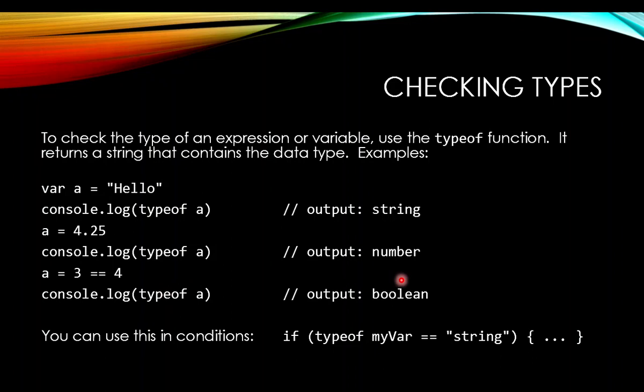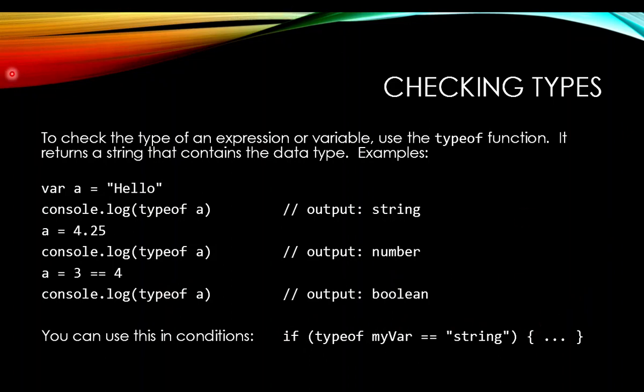It's going to come out with boolean, because it has a true-false value in it. So if you ever need to, you can use that in a condition. For instance, you could say if typeof of whatever variable you're looking at equals string, then do the following stuff. You can use that as it's convenient for you if you need to check the types of variables.